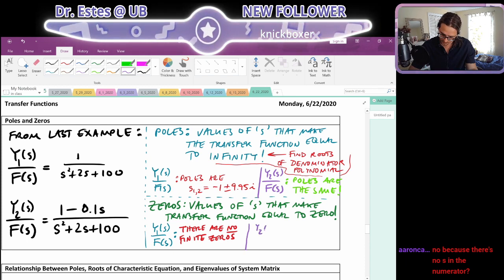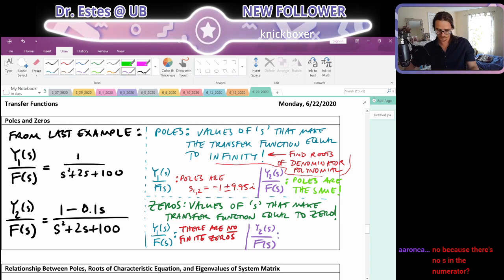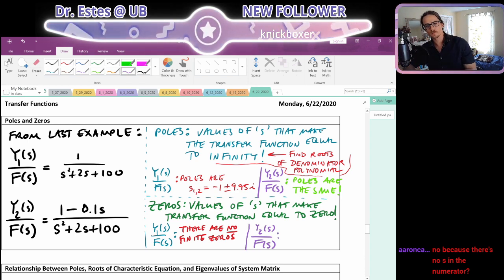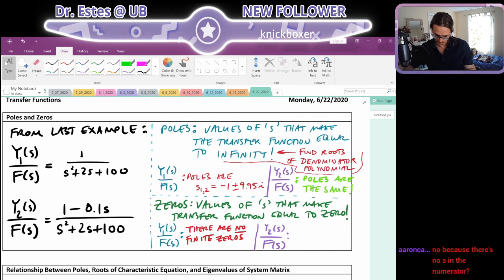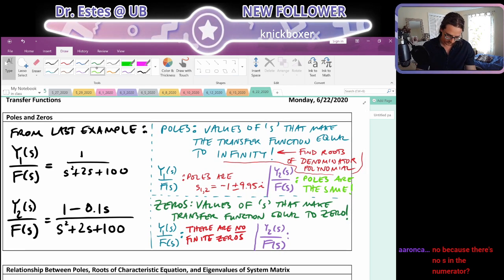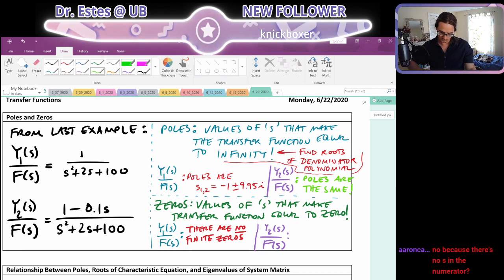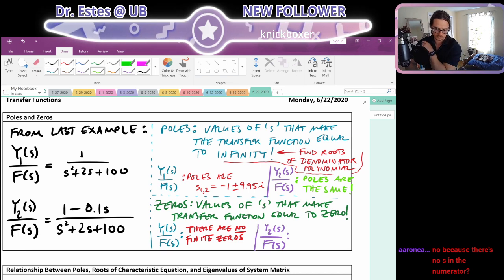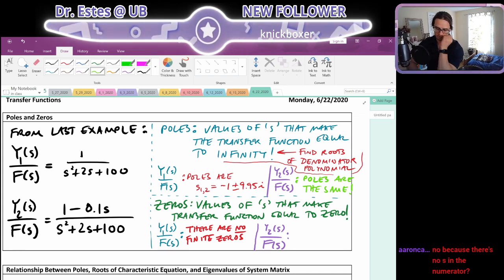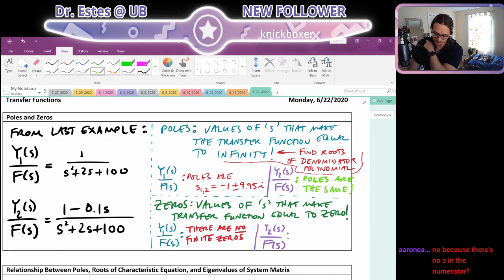Okay, let's look at this other transfer function. What about this case? There's 1 zero, right?